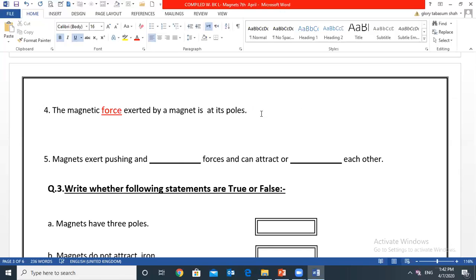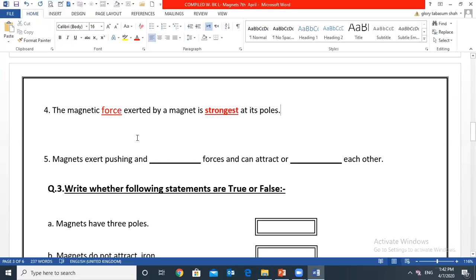So what is that? Is strongest. Is strongest at its poles. Done? Okay.